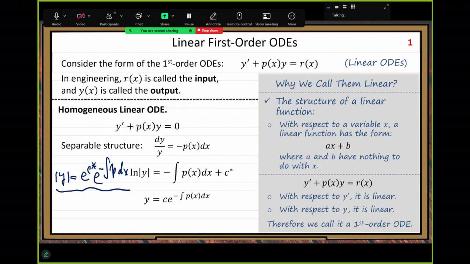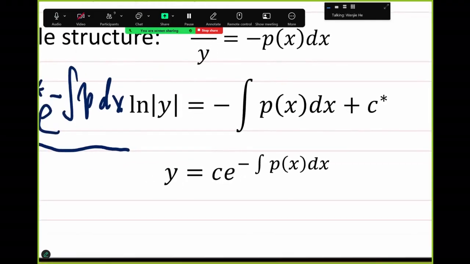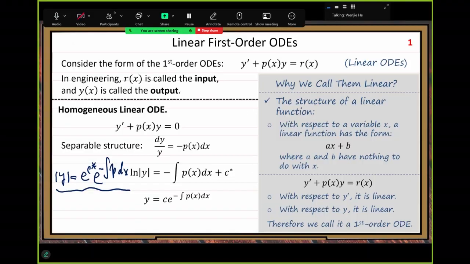We want to justify why we can remove the absolute value. First, let's assume when y is positive, we can remove it. So when y is positive, we can remove it.